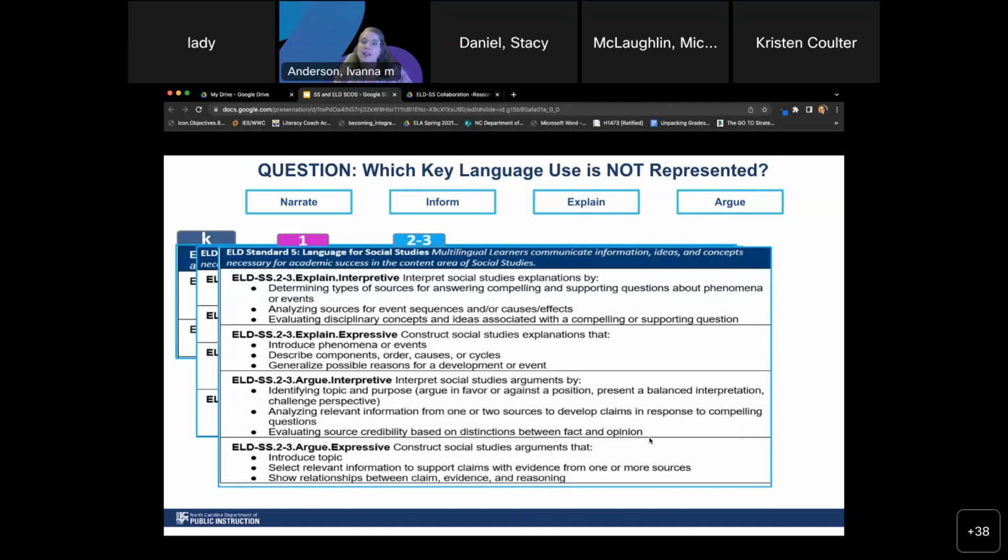So we know that they have learned how to do some of that. So someone else said we don't have inform. So we're going to look when we get to the next slide. We're going to talk a little bit more about how all of these things exist in all of our grade levels, but we're looking at the most predominant and really working on how to expand on those. So in second and third grade, we've moved to explain and argue.